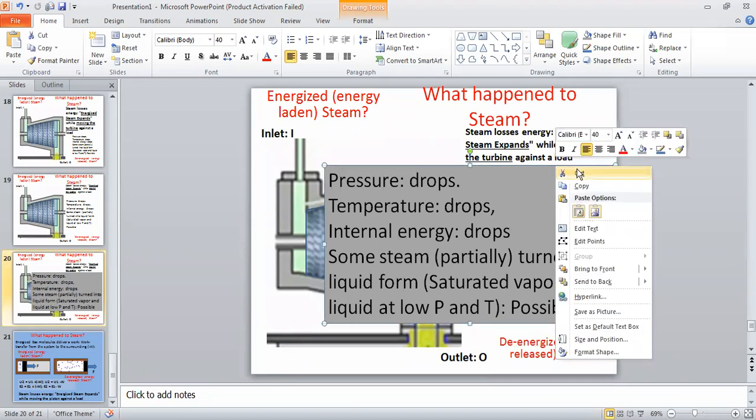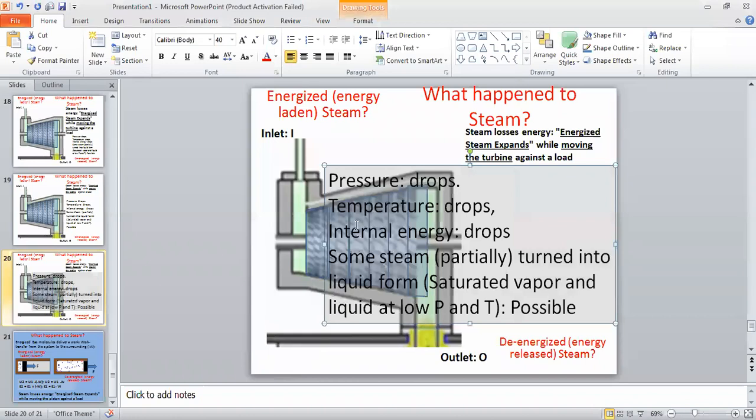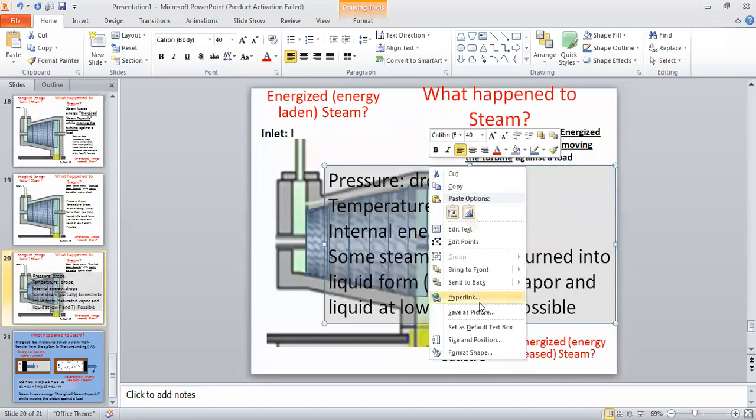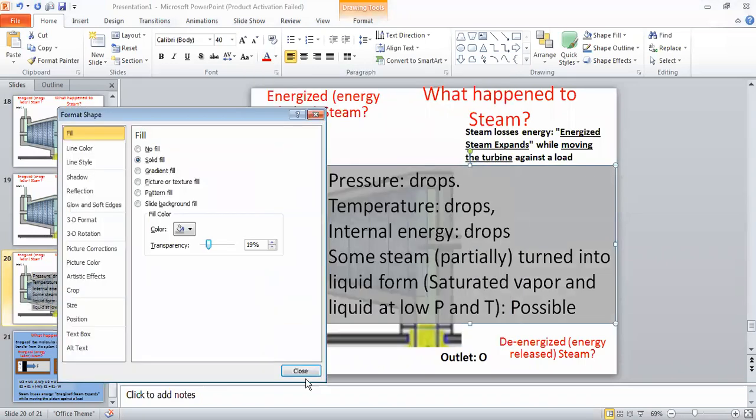So you know what practically happens. Then we can go for the analysis. Once you know what practically happens, then we can go for analysis.